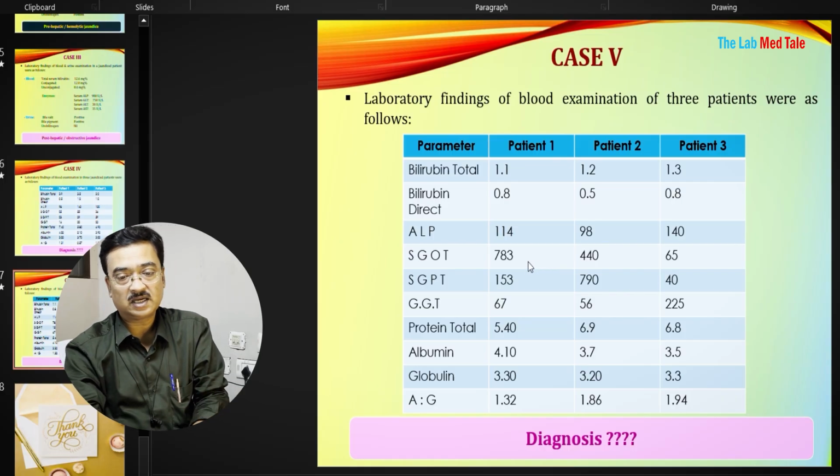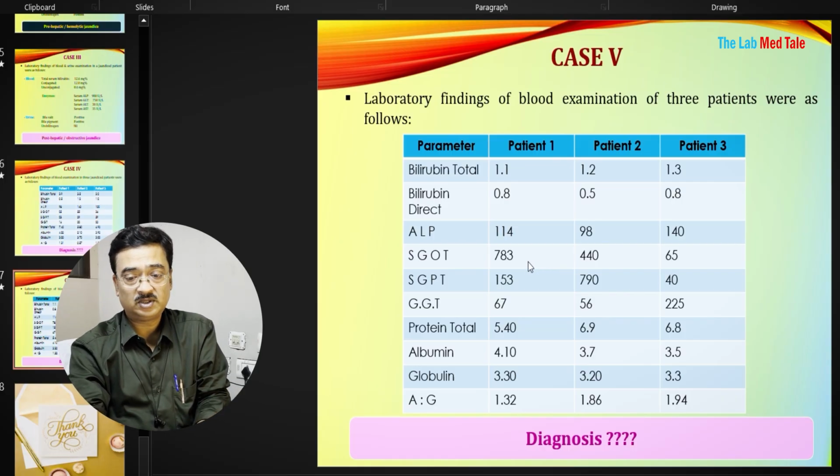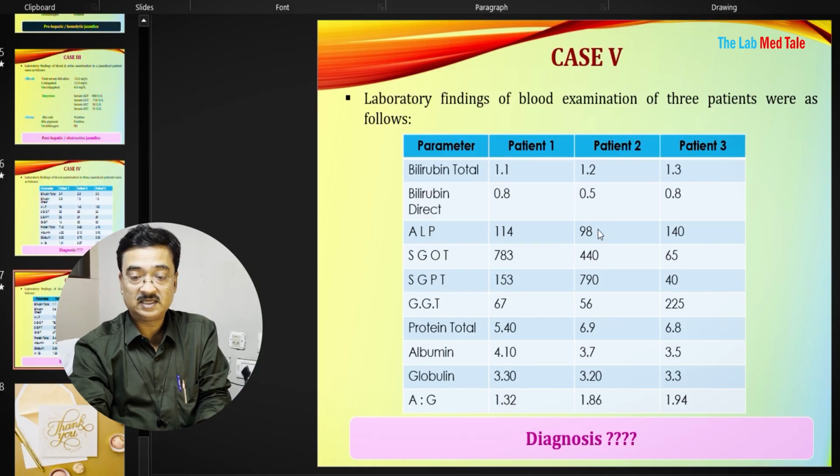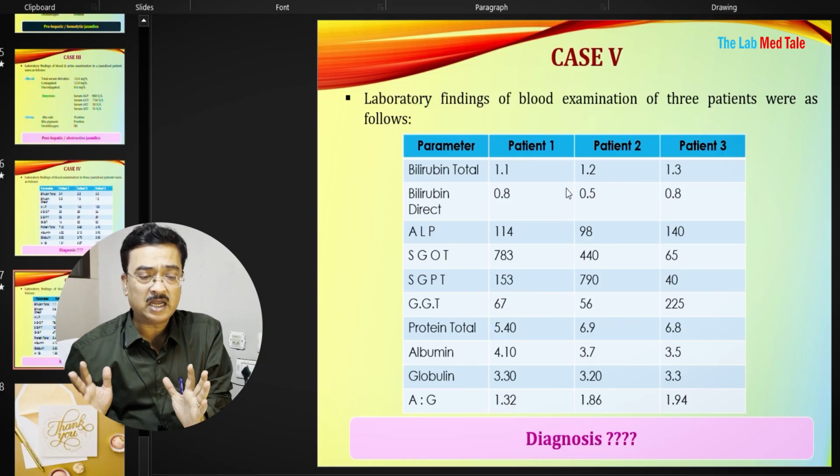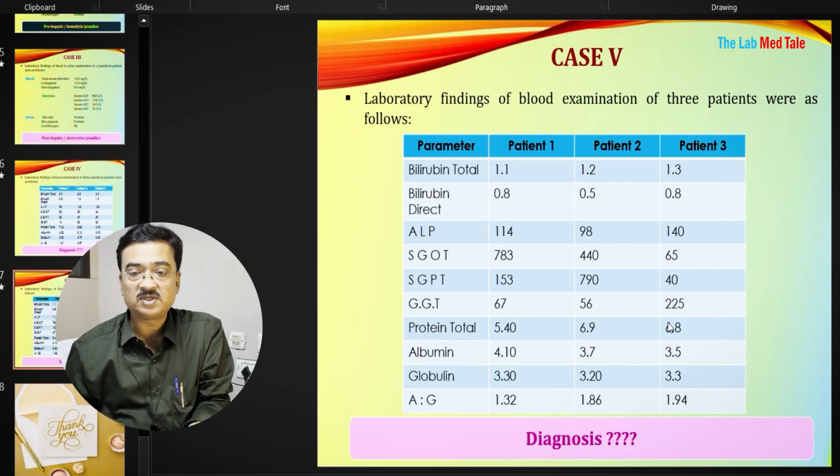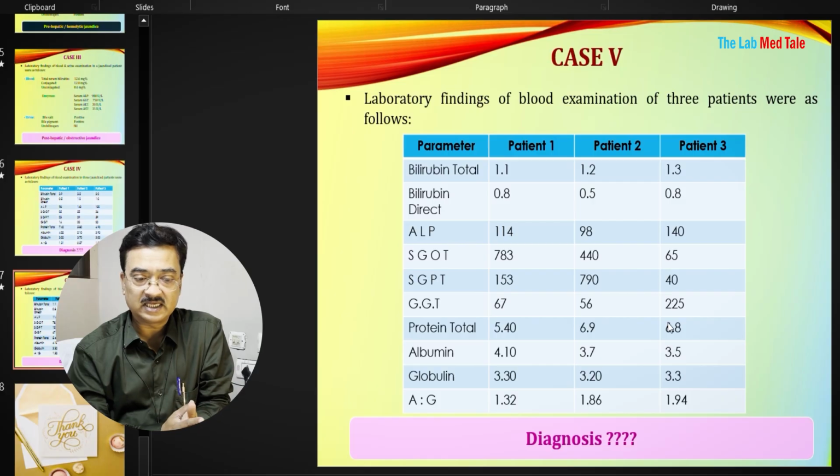It's a patient of either cardiac injury or a muscle injury. Second patient is obviously a case of acute hepatitis just in the beginning phase. And the third patient is actually an alcoholic liver disease patient. So you see how similar all the LFTs look. You have to observe these cases very minutely.